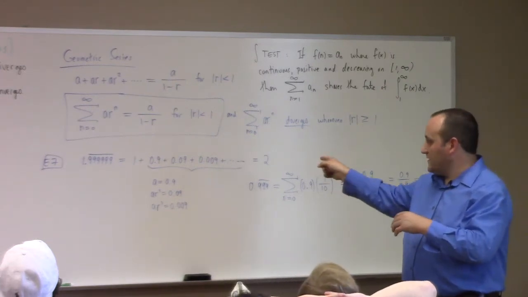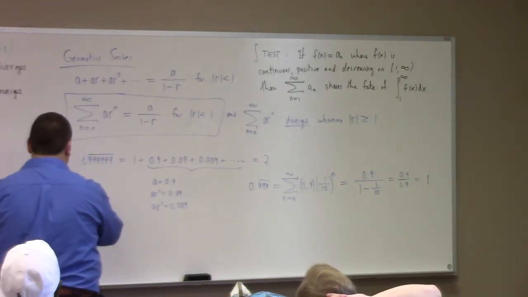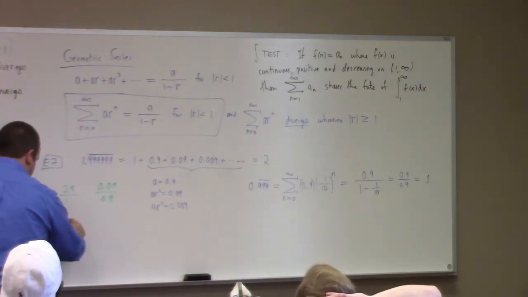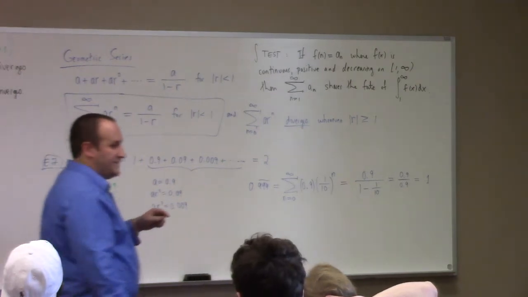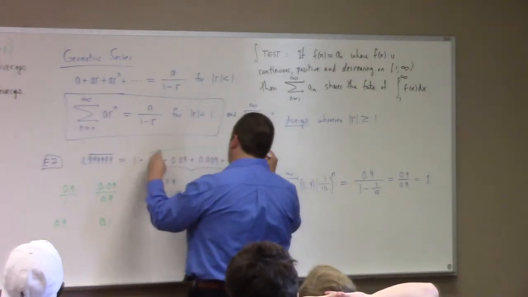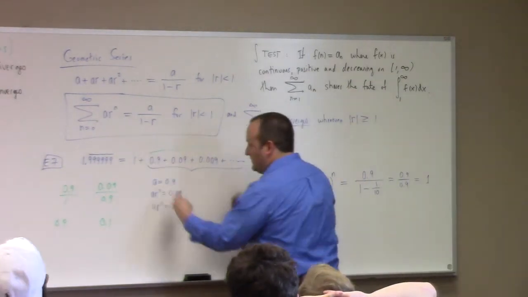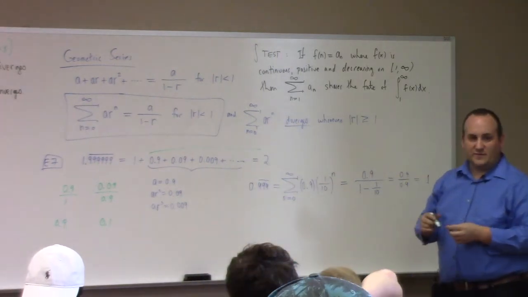This is not geometric because if I look at 0.9 divided by 1 versus 0.09 divided by 0.9, this is 0.9, whereas this is 0.1. In fact, the ratio between any two successive terms in this piece is 0.1, which is why this part of it is a geometric series, whereas if you throw in the first one, it's not. This is what messed with my head yesterday.